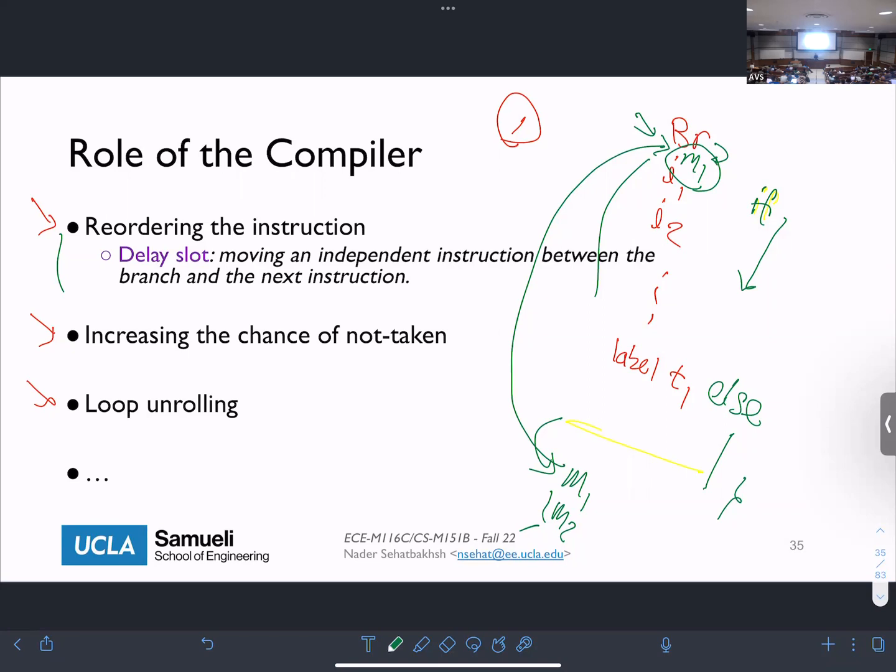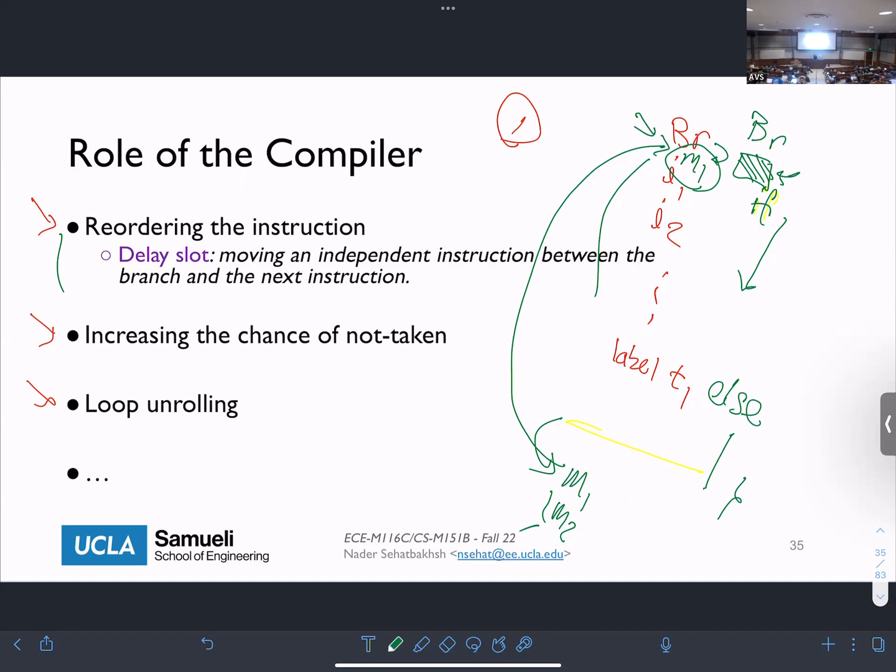We call this the delay slot. This slot after the branch is called the delay slot because if we can delay all the instructions by one, then we solve the issue of flushing. And if we can fill this delay slot with an instruction that doesn't need to be flushed, then we improve our performance, right?